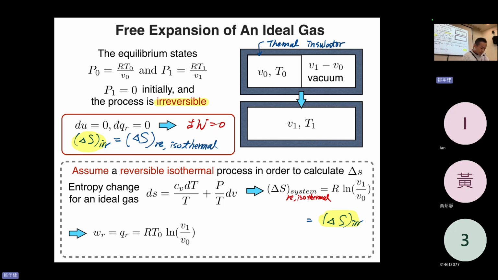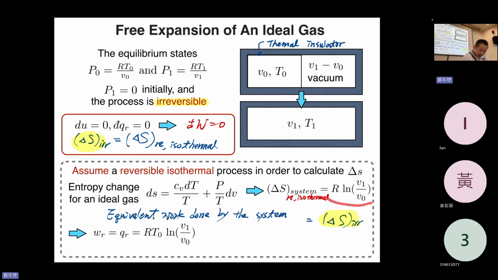And in this reversible isothermal process, you can say that it has work. Their equilibrium work in this assumed process, equivalent work done by the system, is actually the reversible work equal to QR.